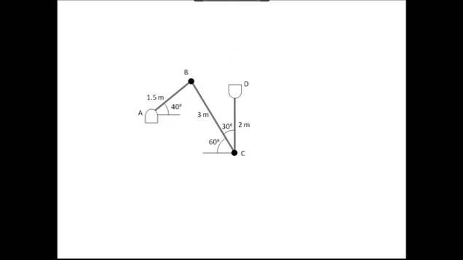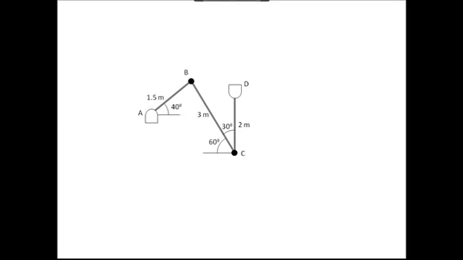Let's do one more type. Here there are three links: AB, BC, CD, and say I am required to find the velocity centers of all three. See, AB is simple, A is hinged, so A is the velocity center. CD is simple, D is hinged, so D is the velocity center.